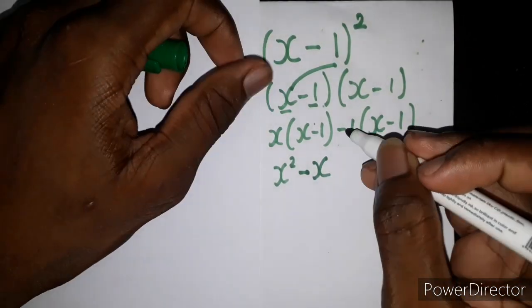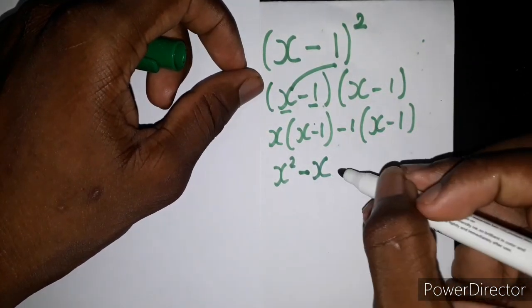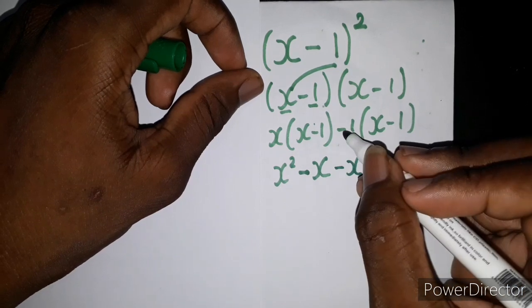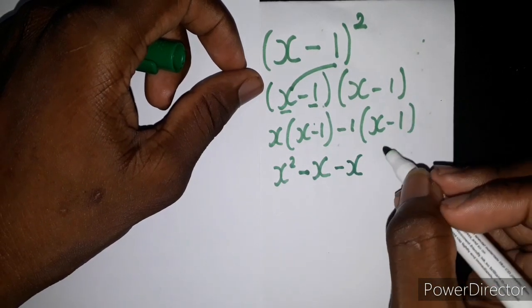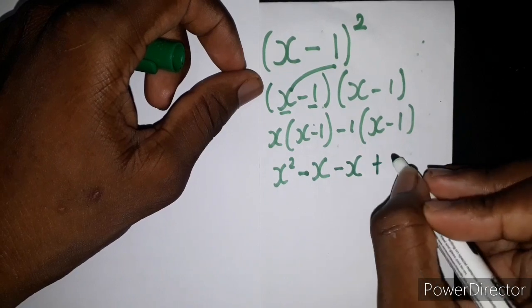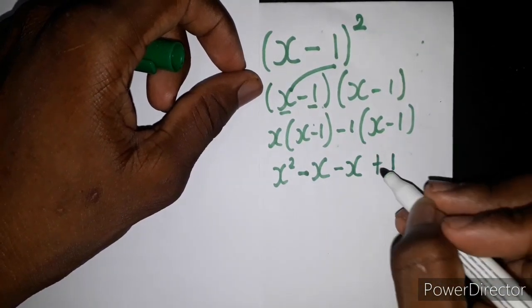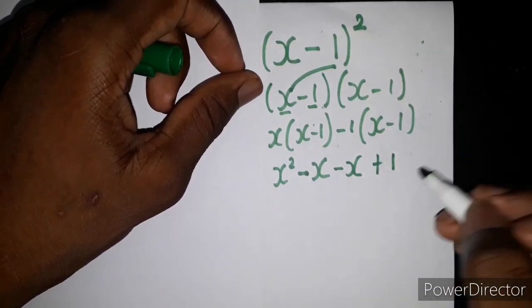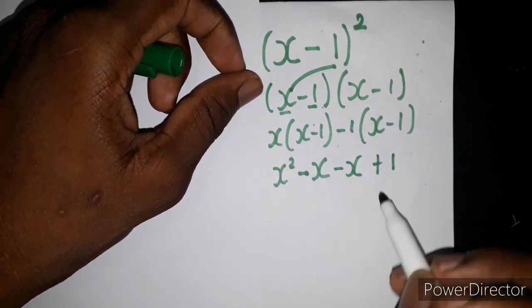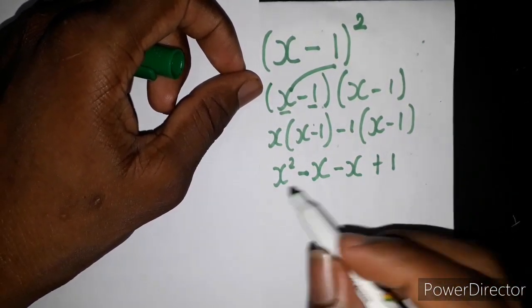Everybody should know that, right? Negative 1 times x will give you another negative x, and negative 1 times negative 1 will give you a positive 1, because a negative times a negative gives you a positive, and 1 times 1 gives you 1. So good, we have two like terms again.